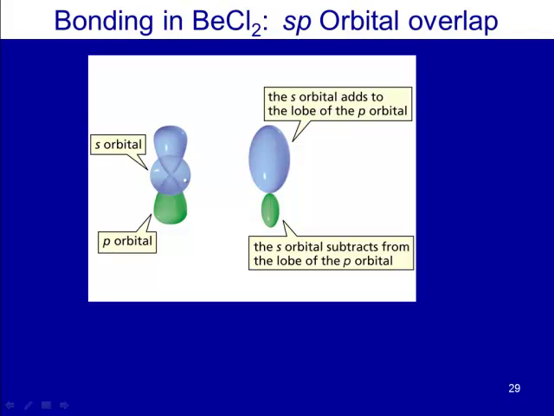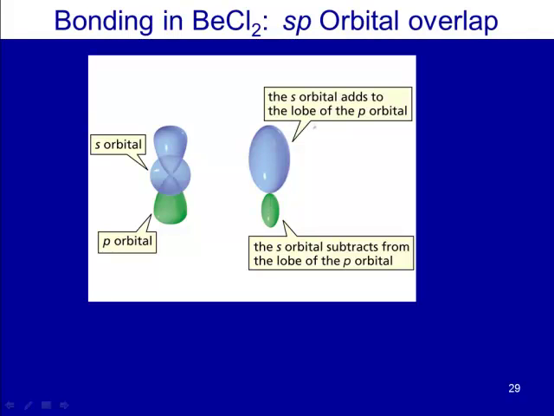Reminder again, those are not full charges. So now the s orbitals all have a single positive sign associated with them. So when you add s together, the positive lobe starts to increase, and by the same token, the negative lobe of the p orbital starts to shrink.